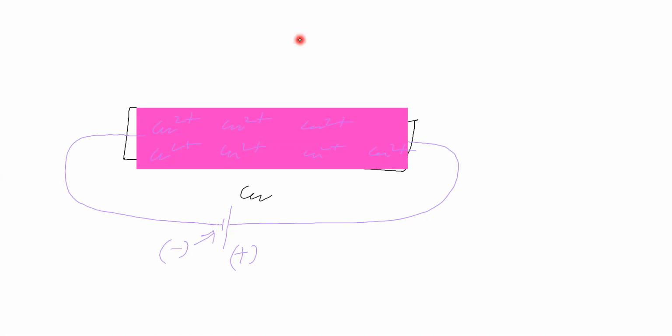When electrons come from the negative pole, the free electron cloud can repel this negative pole electron.